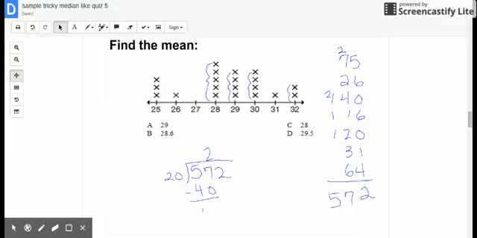I subtract and end up with 17. Drop my 2. I would try to do 9, but it's not quite big enough, so I'm going to have to go with 8. 160. I end up with 12. I'm going to add a decimal, drop it down, 120, and that gives me 6. So my answer is B, 28.6.